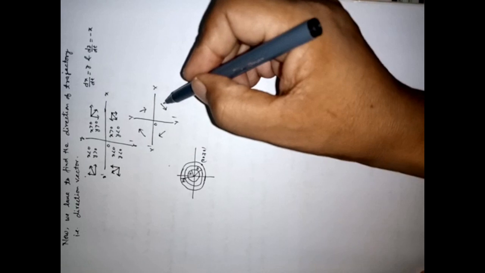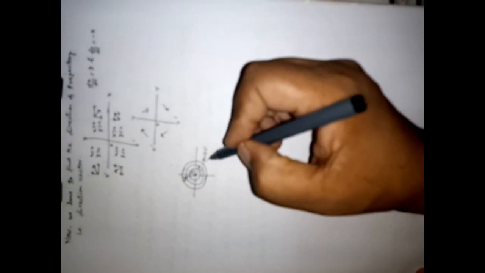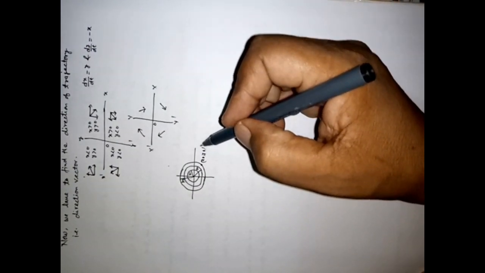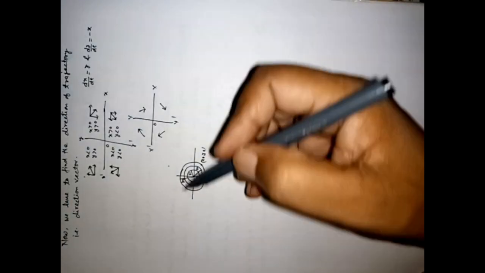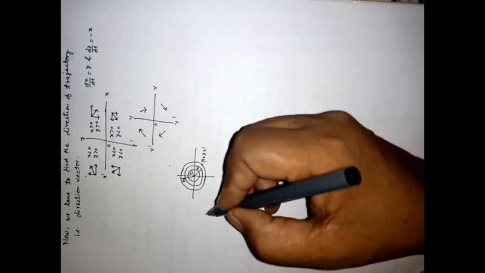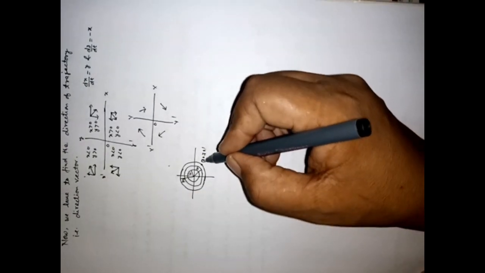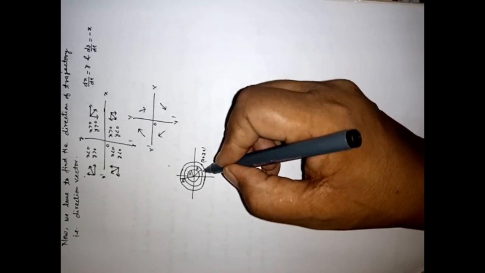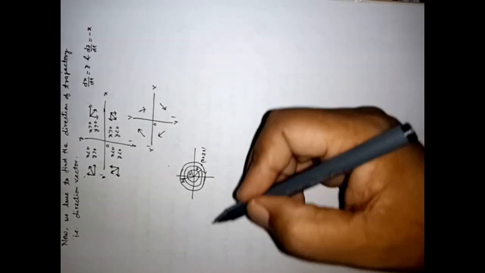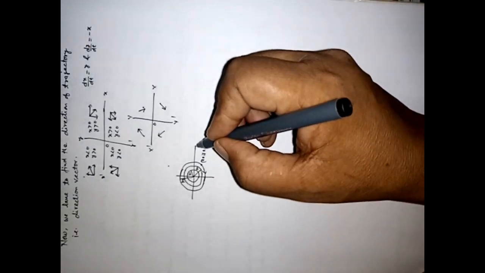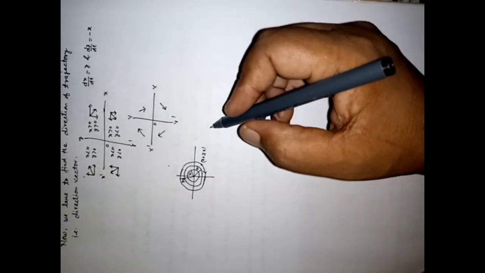From this we see that the direction at the point x naught, y naught is along clockwise direction, like this. The direction of this point is like this, clockwise. Hence solved.